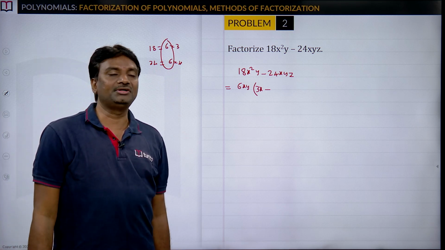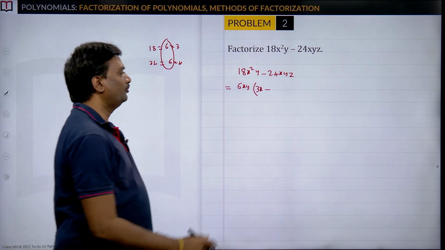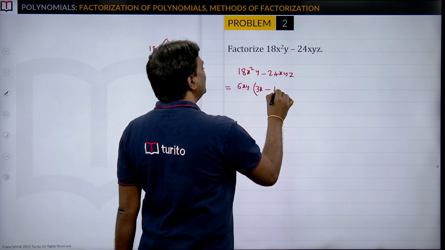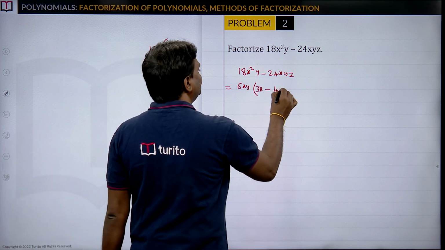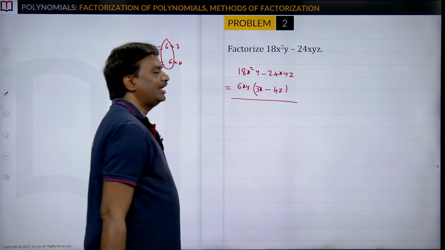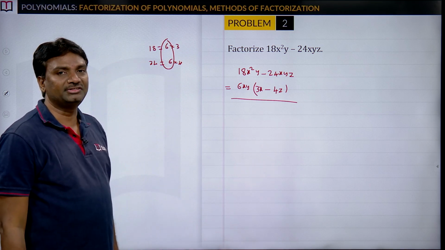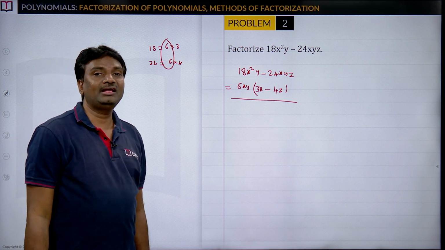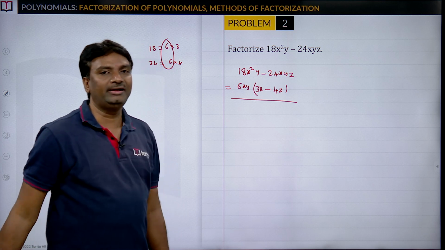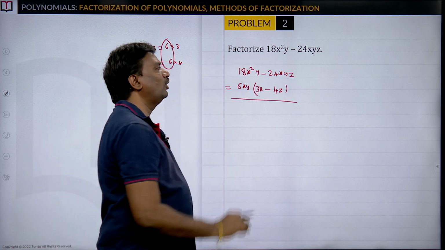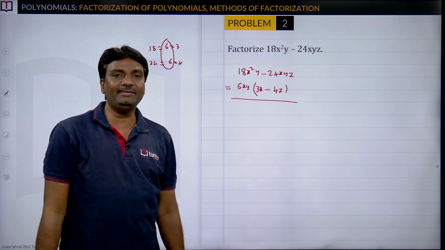Since we have taken 6 as common, we can take the numerical as 4. We have taken xy as common, so the remaining part is z. So, we can express the given polynomial as 6 into x into y into (3x minus 4z). So, 6xy and (3x minus 4z) are the factors of the polynomial 18x square y minus 24xyz.